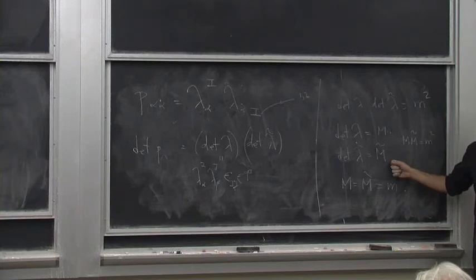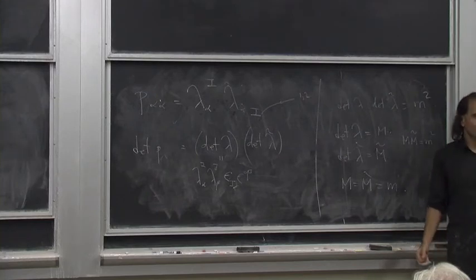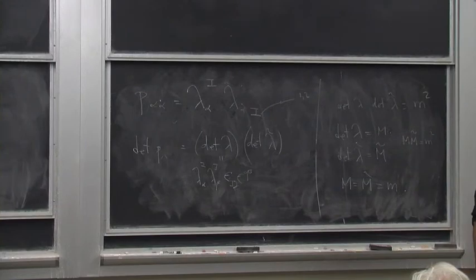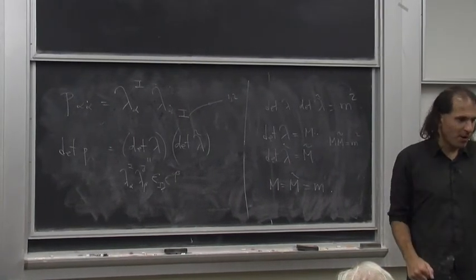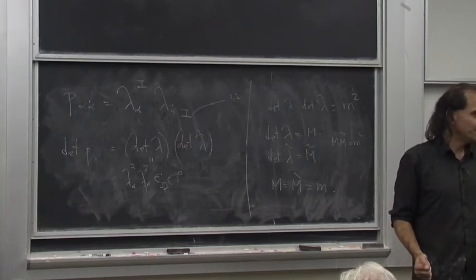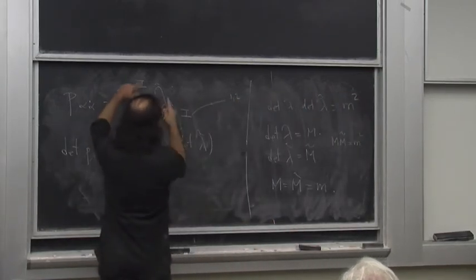So if I wanted to keep that GL1, that's like keeping M and M tilde independent such that only the product is fixed. But the ratio M over M tilde transforms under that GL1. So this GL1 doesn't actually have any content. If you give me any expression, I can multiply by appropriate powers of M over M tilde to make it GL1 invariant. Okay? And so I'm fixing that GL1.